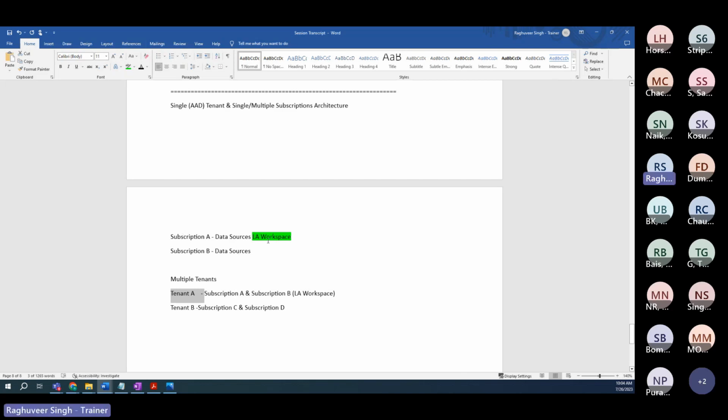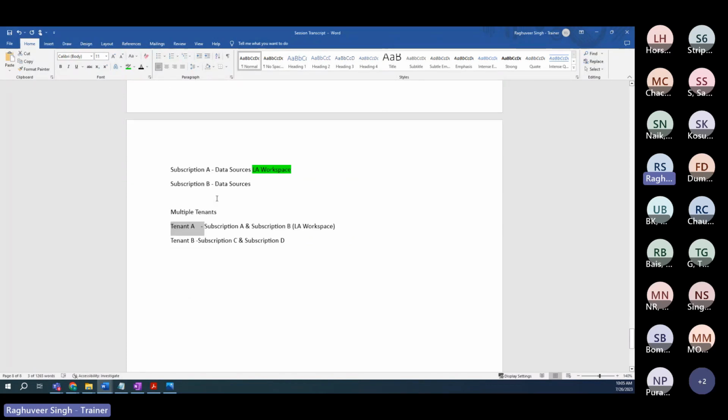I create a Log Analytics workspace in subscription A, and I am able to ingest logs from both the subscriptions to this workspace, which is doable because both subscriptions are part of the same tenant. So they have visibility.